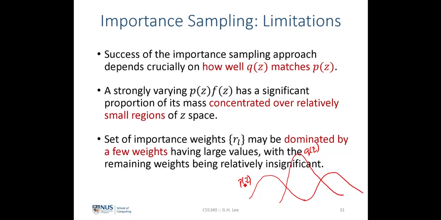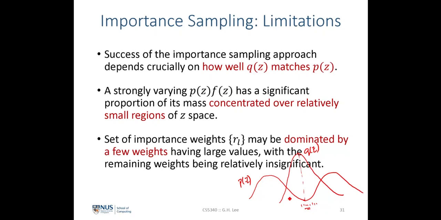What will happen here is that we'll always end up drawing samples at the high probability region of our proposal distribution, and the importance weights over this region would always end up being very low.